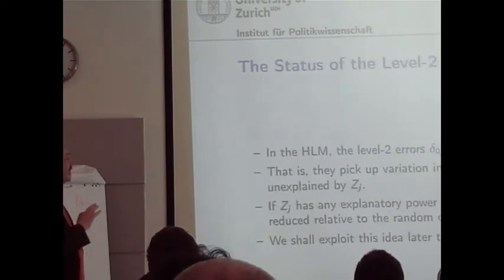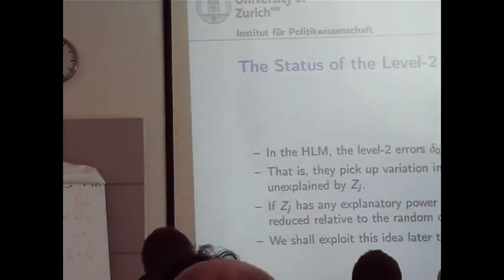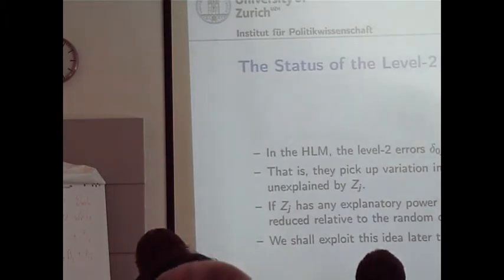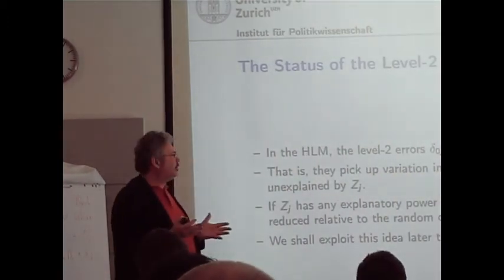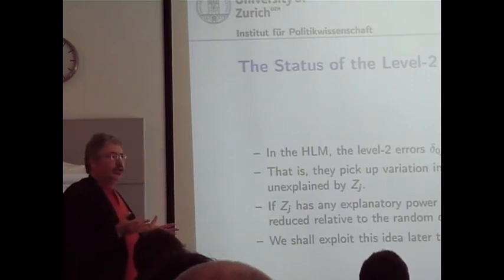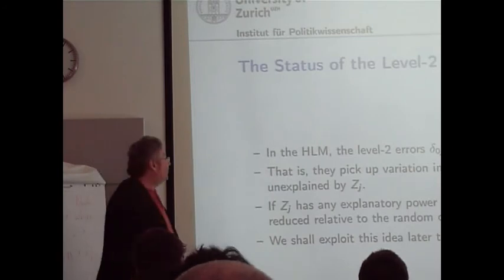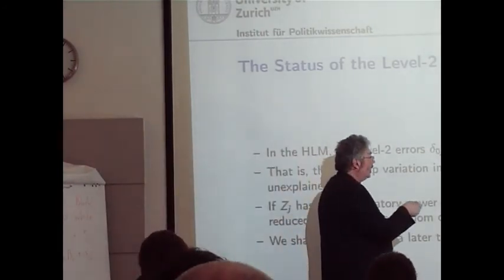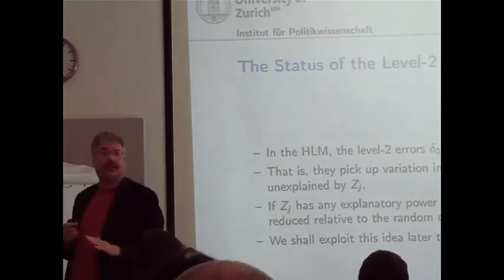Now, the status of the level 2 errors is also a little bit different than in the random coefficient model, because now you should think of these delta 0s and delta 1s as residuals: basically the variation in the intercepts and the slopes that is unaccounted for by this predictor Z. If this predictor Z is a really powerful predictor, then the variances associated with these deltas should basically be driven downward, and they may even become insignificant.